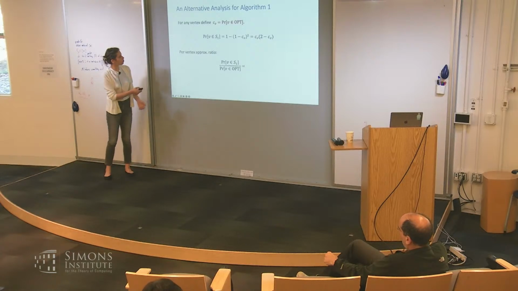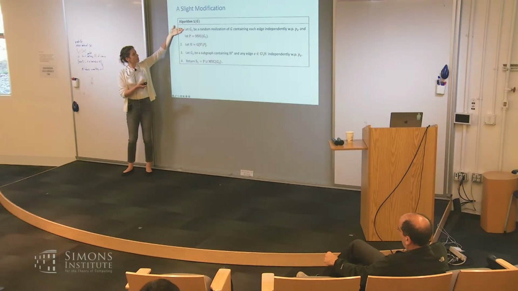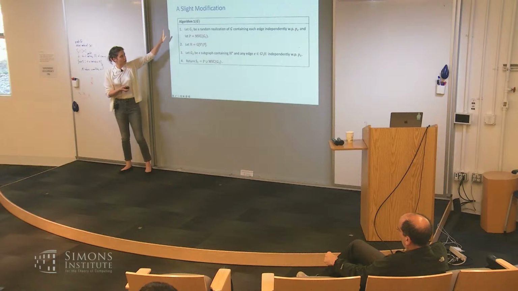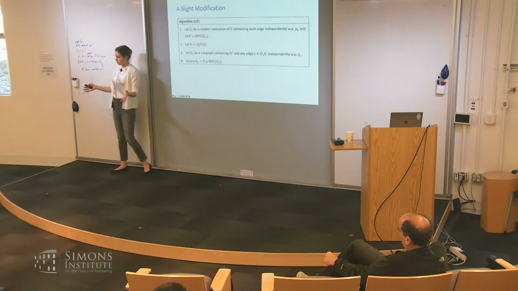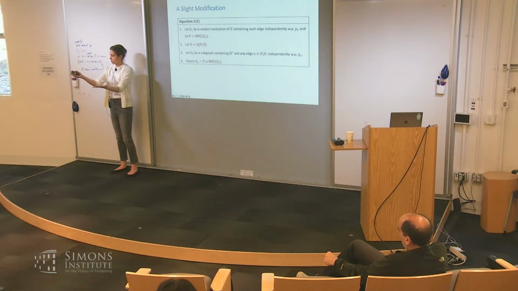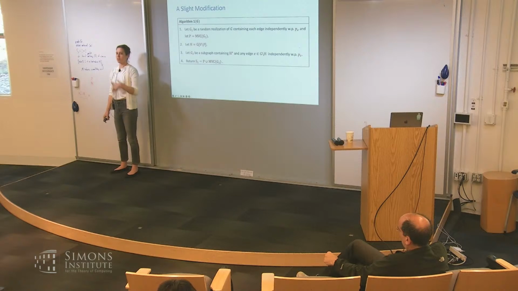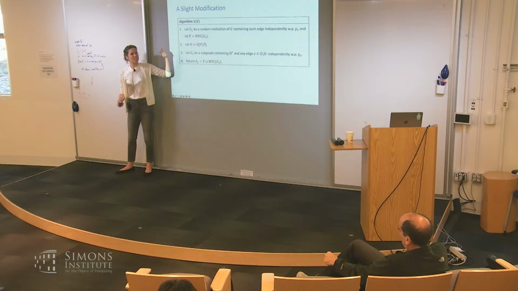Okay, let's go back to the definition. So G1 is basically a random realization of G. And G2 is again constructed by querying some of the edges. Each one exists in G2 independently. Okay, G1 and G2, they don't have stars. They are just realizations. So not great notation, but they are basically realizations.